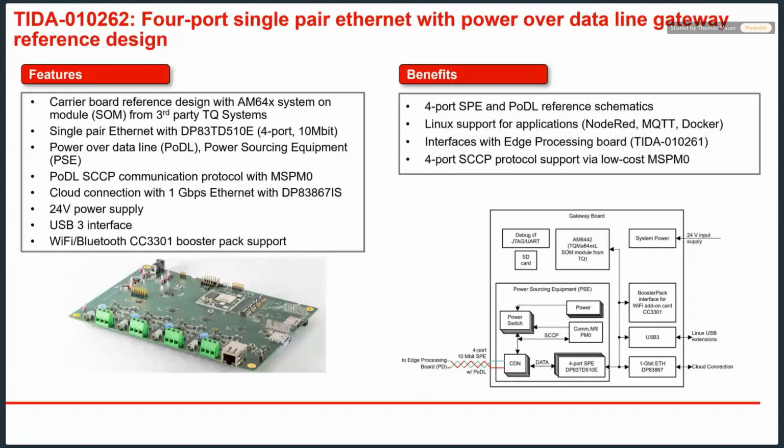We have then a cloud connection which is like this normal Ethernet connection over 1 gigabit. The board is powered by 24 volt. We have the option for a USB 3 interface, and we have an option for a Wi-Fi and Bluetooth CC3301 booster pack.